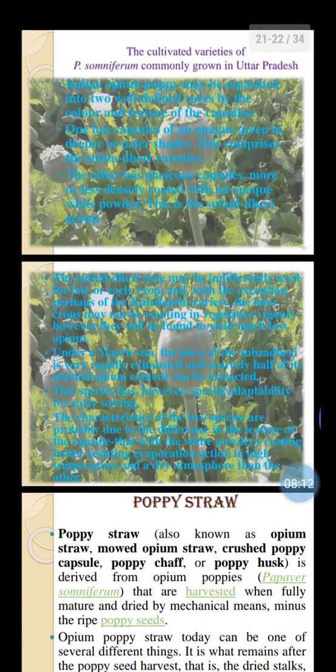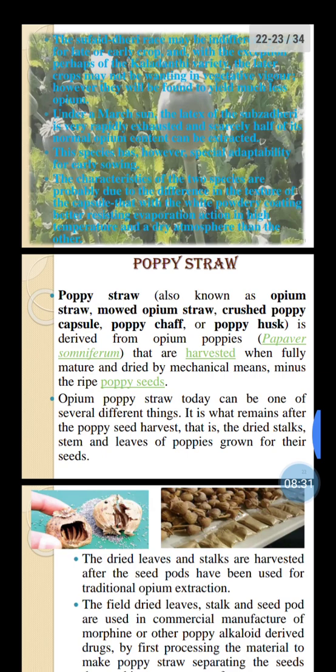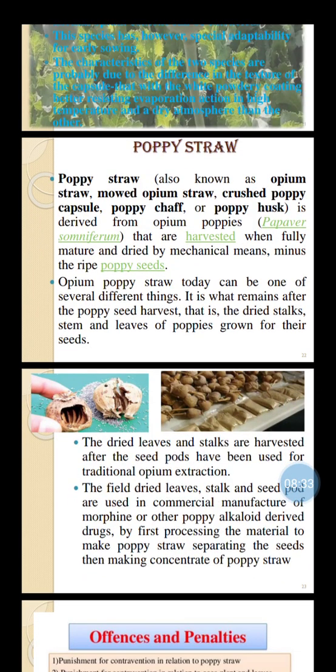The characteristics of the two species differ by the texture of the capsule, which has a white powder coating, resisting evaporation in high temperature and dry atmosphere, better than the other. Then you saw poppy straw.